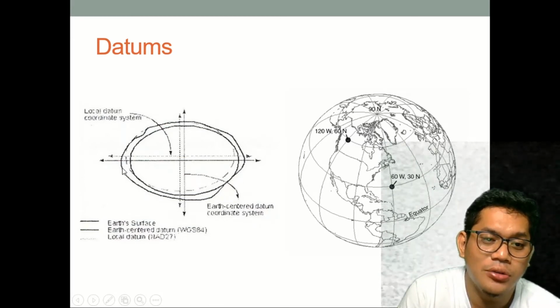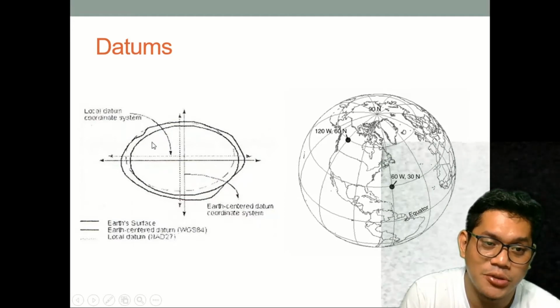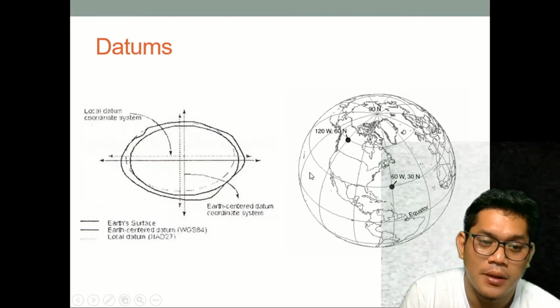So this is basically how our world looks. And in order to best estimate the world, we assume that our world is something like this: a spheroid or ellipsoid, which is best determined or modeled using mathematics, as opposed to this kind of shape.